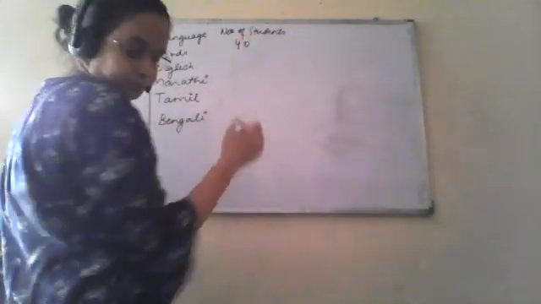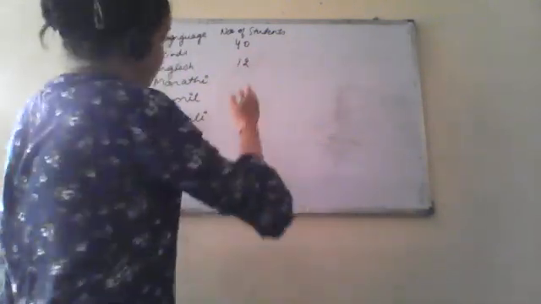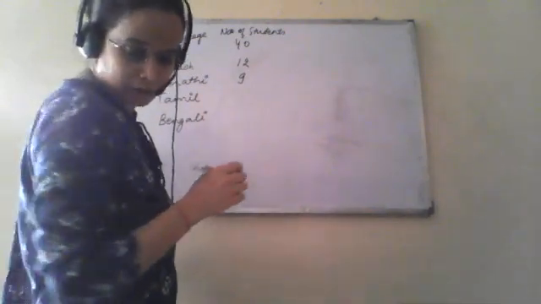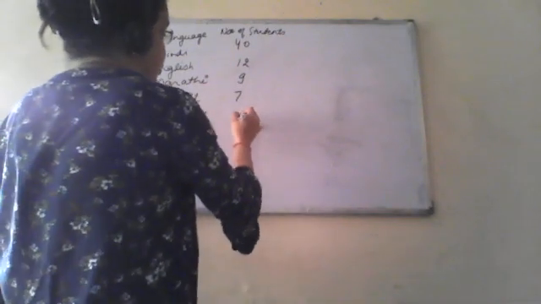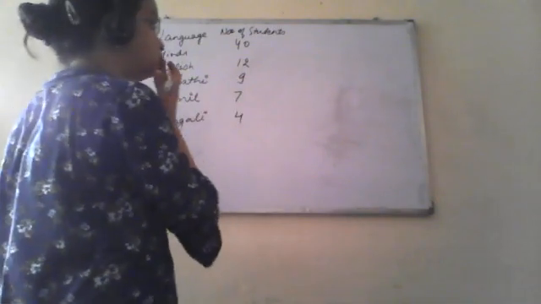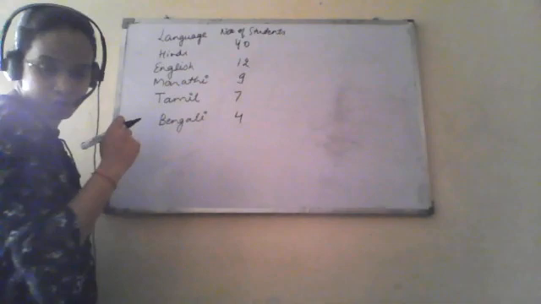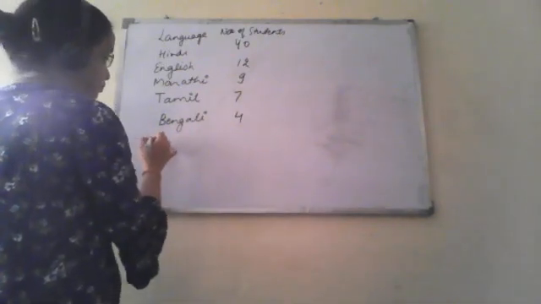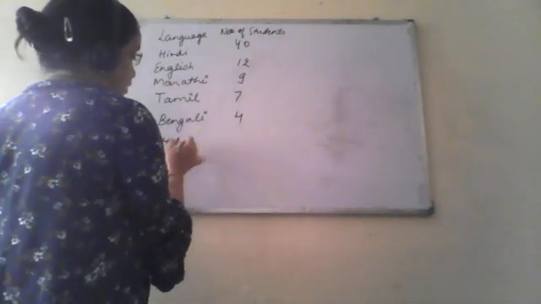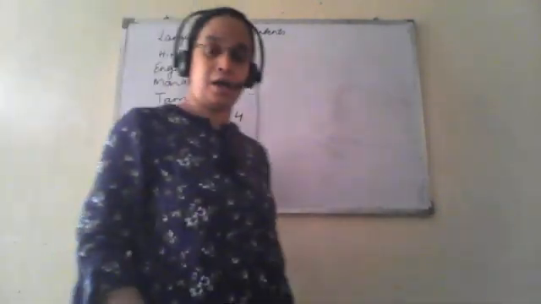The number of students speaking each: for Hindi it is 40, for English it is 12, for Marathi there are 9 students, for Tamil there are 7 and for Bengali there are 4 students. The total there are 72. So we have to draw this data in a pie chart.